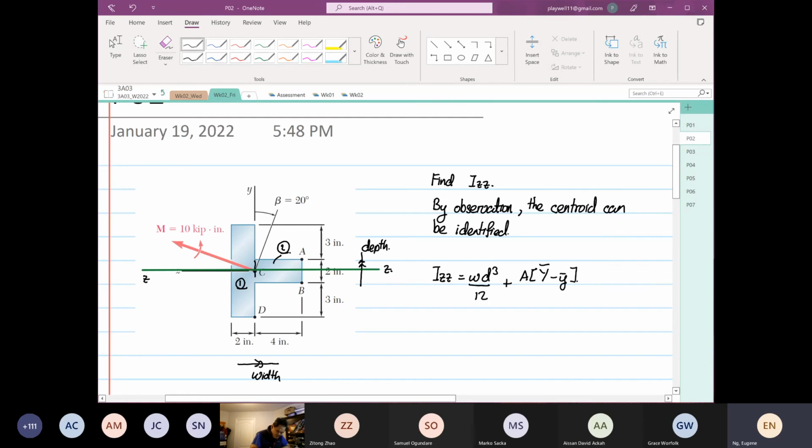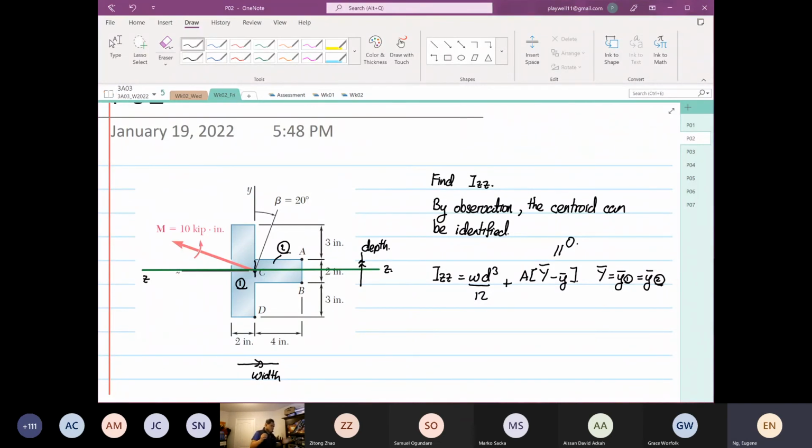We know for this case, for either section 1 or 2, y bar is equal to the centroid of 1 and is also equal to the individual centroid of 2. So that's where this term over here is equal to what? 0. Therefore we can avoid the step of finding the centroid. We don't need to.